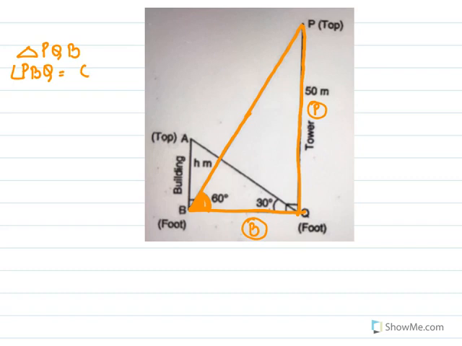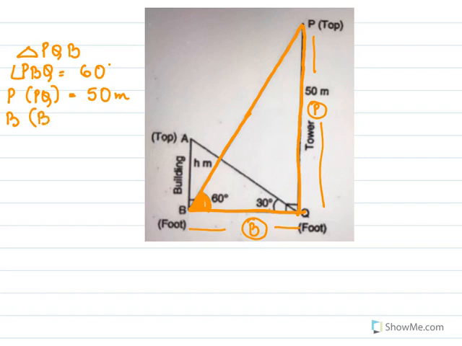The angle PBQ is 60 degrees. Its perpendicular, which is PQ, will be 50 meter, and that is given to me here. This 50 meter is given, the perpendicular.